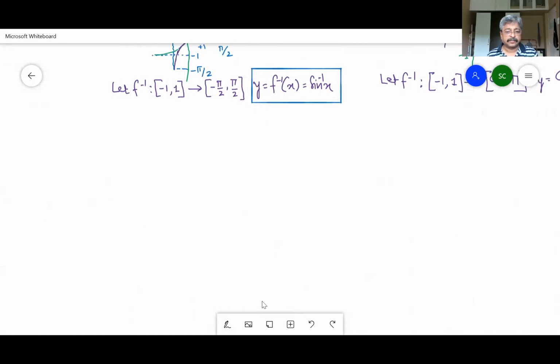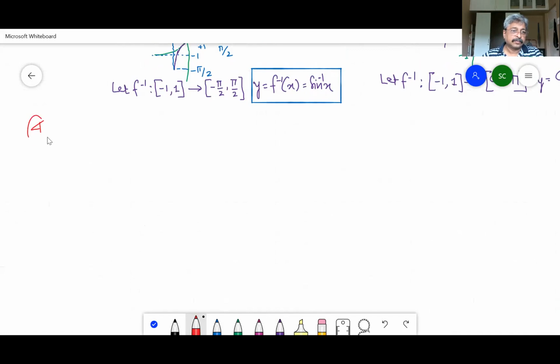Cosec. The graph is like this. This is pi by 2. This value is 1.